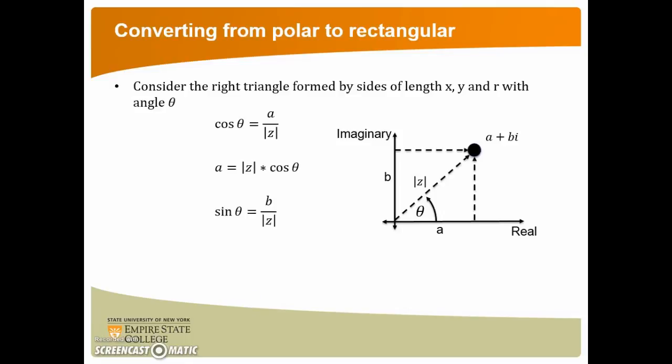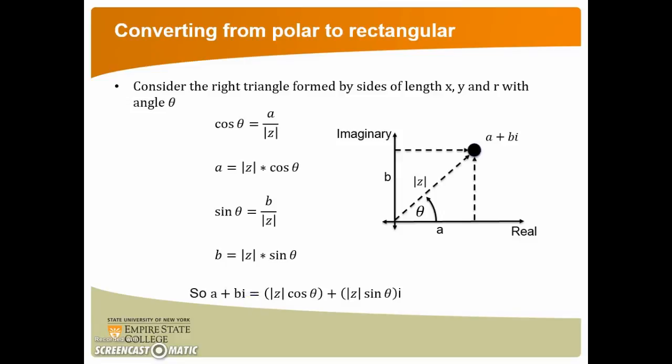The sine of theta equals the ratio of b to the absolute value of z. Solving for b, we have b equals the absolute value of z multiplied by the sine of theta.